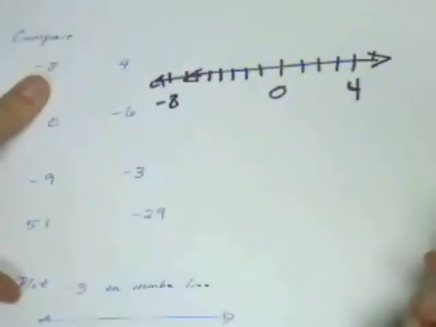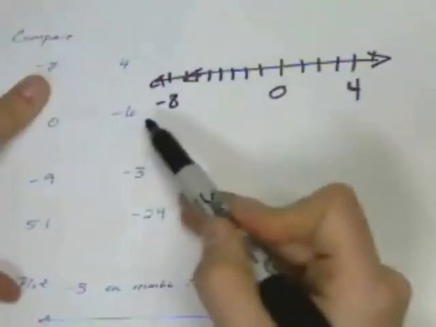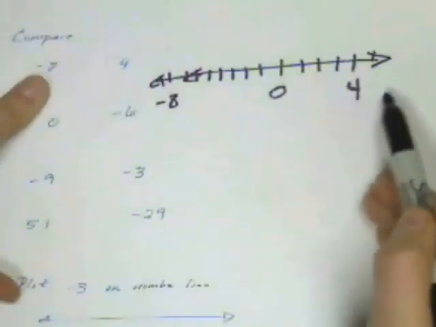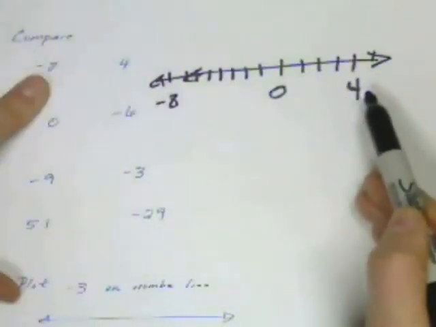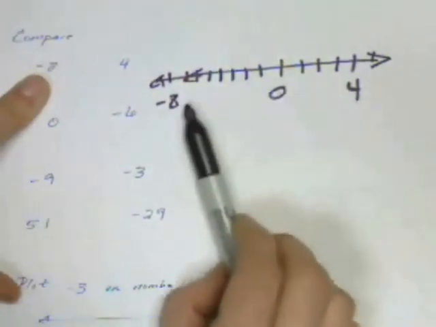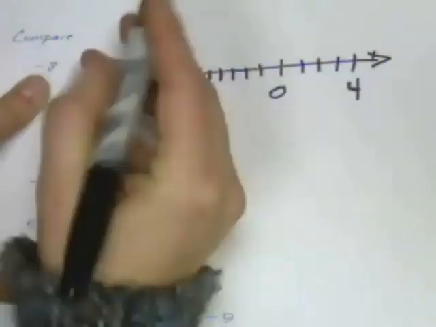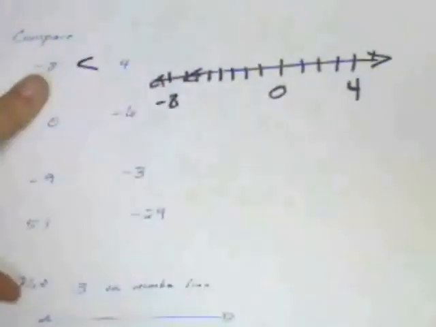We have a negative 8. Well, it's like saying I owe $8 versus I have $4. So the idea is 4 is bigger than negative 8. It's to the right of negative 8. Remember we said smaller this way to the left, bigger this way to the right. So 4 is bigger.